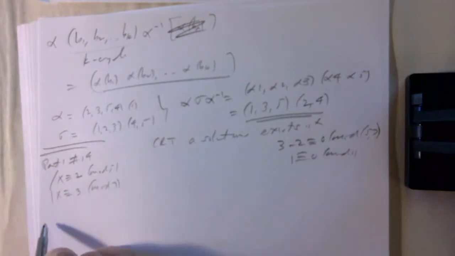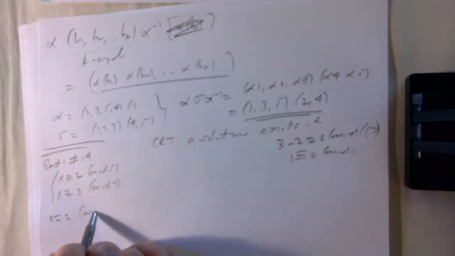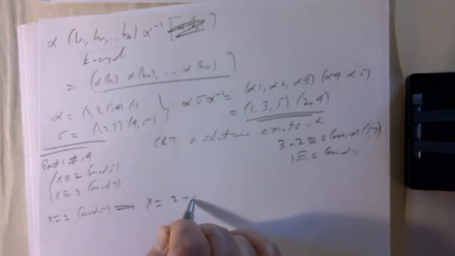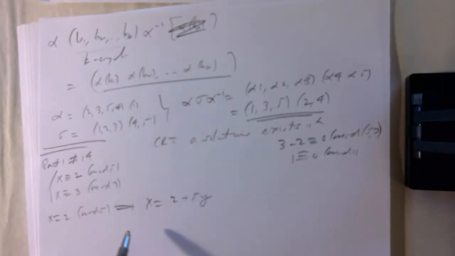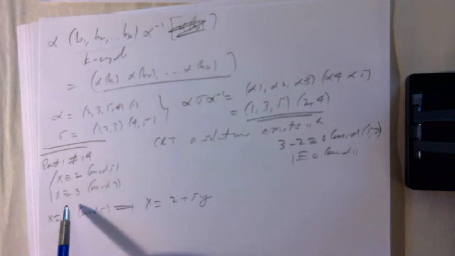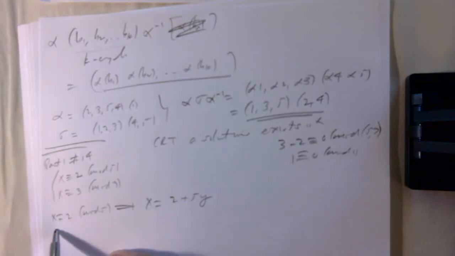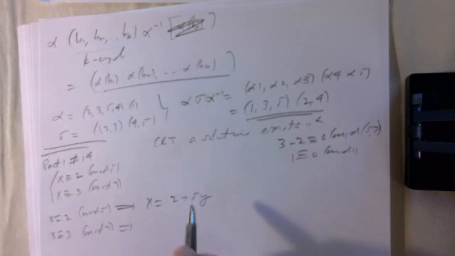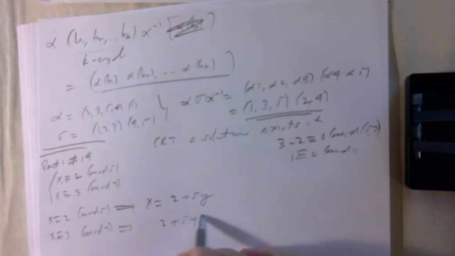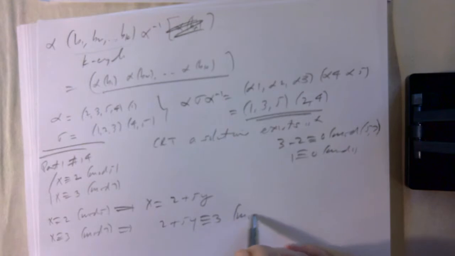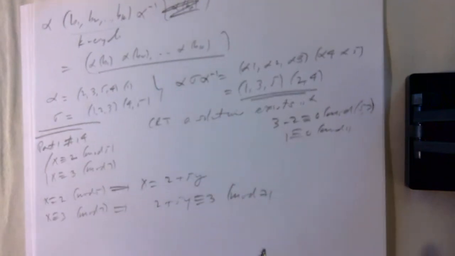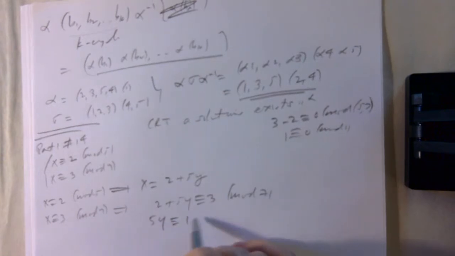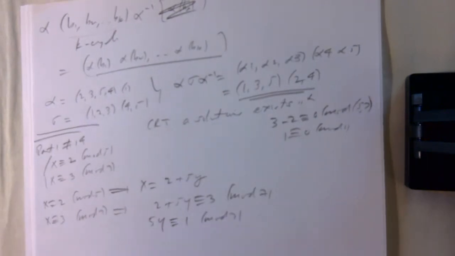So if x is congruent to 2 mod 5, that means x is a number of the form 2 plus 5y. That's what it means to be congruent to 2 mod 5. And if x is also congruent to 3 mod 7, that means 2 plus 5y is congruent to 3 mod 7, which means 5y is congruent to 1 mod 7.